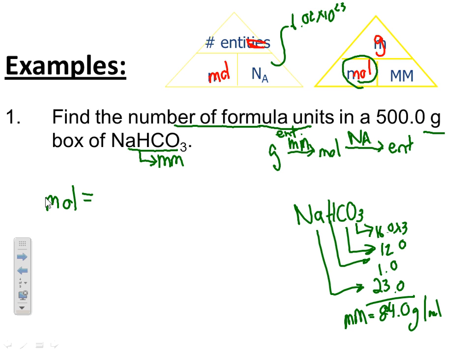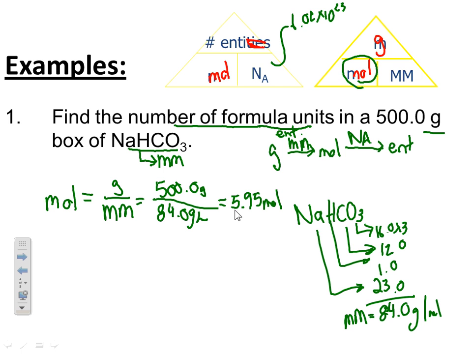Moles is equal to grams divided by the molar mass, 500 grams divided by 84.0 grams per mole. 500 divided by 84 equals 5.95.